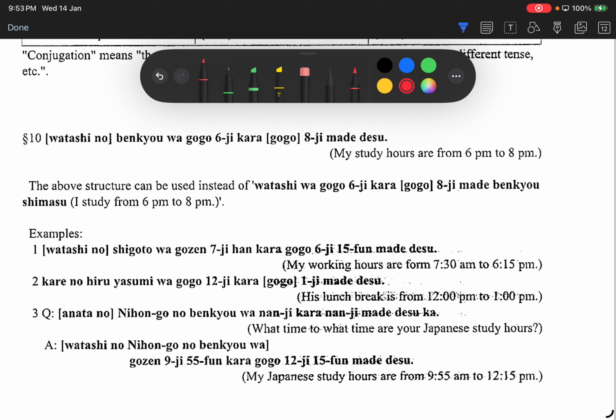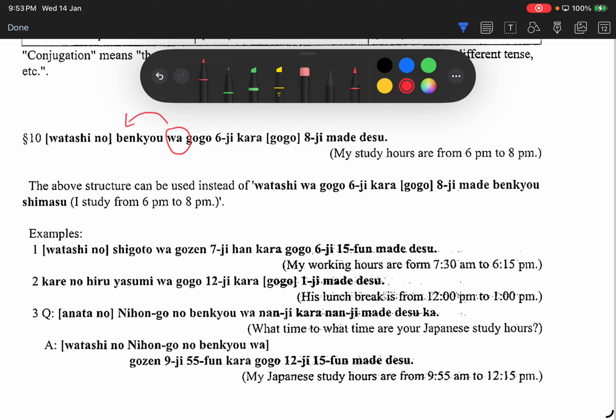So I'm not using it as a verb anymore. I'm using it as a noun. So it becomes my study. So my study は, right? Our subject particle は. So my study は午後6時から8時までです. So my study hours are from 6 to 8. So this is what you're effectively saying.